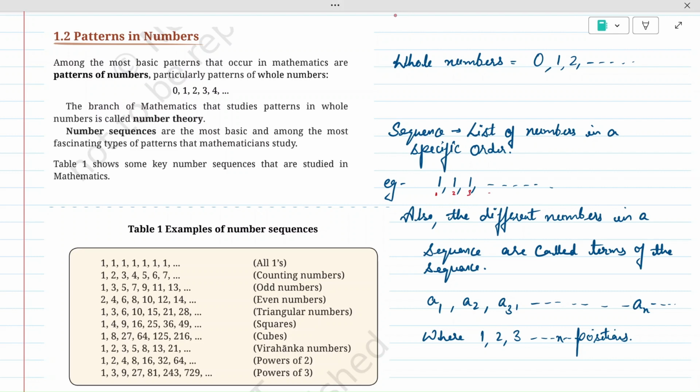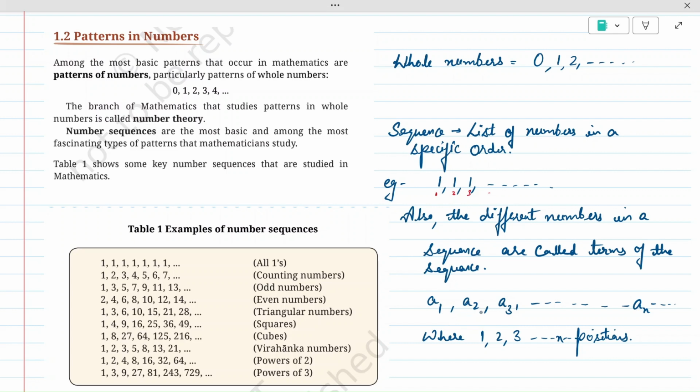So what we can do is denote a sequence something like this: A1, A2, A3 and so on, where the A's are the terms, like these 1, 1, 1. It can be anything. We will study all these sequences, then we will learn better about them. Currently we are going through this sequence of all ones. Here A1 is the term present at position 1.